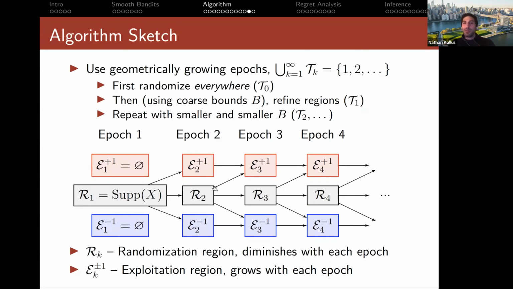Another way to peel away something into an exploitation region is by inferring from the geometry of the problem that arm +1 is sufficiently optimal there as well. We can either peel away because we've learned statistically that arm +1 is optimal, or because we learned geometrically that arm +1 is optimal. And then we just keep peeling away from the randomization region. So the randomization region keeps shrinking and shrinking with each epoch.